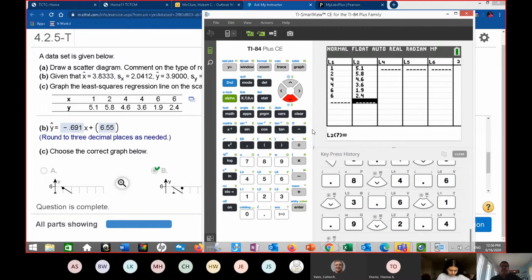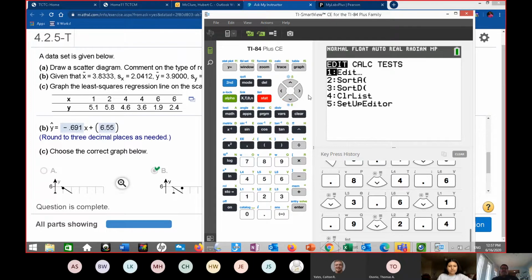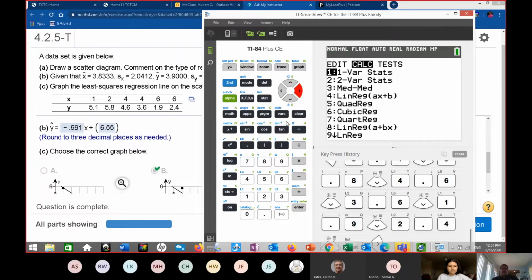Now, there's a couple things I haven't showed you, but I'm going to go ahead and show you the first part. The first part I've showed you how to do. Hit Stat, go to Calculate, and go to Linear Regression. That means find the trend line.